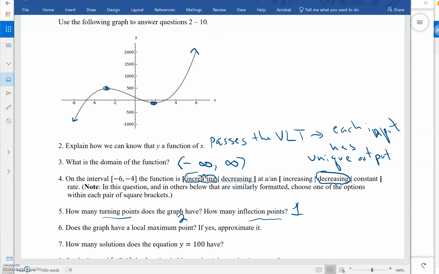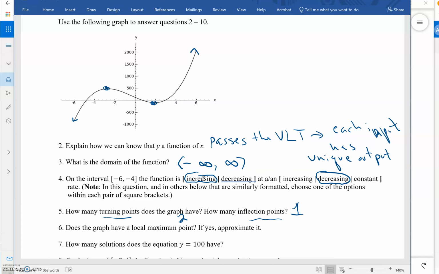All right, does the graph have a local maximum? That's number 6. So we actually addressed this a little bit already. Yes, it does, and approximately it's here. If this is -2, we have 1, 2, 3, 4, 5 tick marks there.